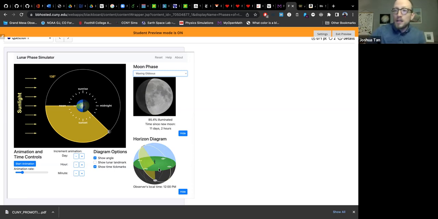But you've probably, hopefully, maybe gotten the chance to see the moon during the day once in a while. And yes, the moon is sometimes visible during the day, but sometimes it's not. Here's an instance where the moon is not visible during 12 noon, exactly when the sun is highest over our heads.